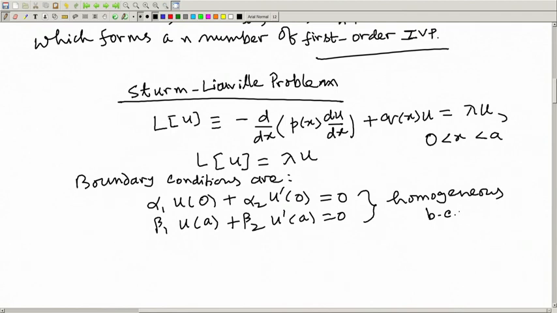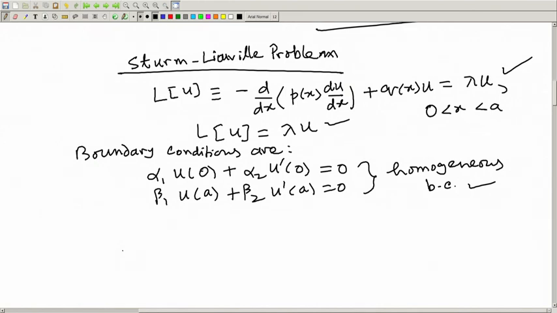So, we have a homogeneous equation, L u equal to lambda u, and homogeneous boundary conditions. And alpha 1, alpha 2, beta 1, beta 2 are such that these are all positive and not all 0.